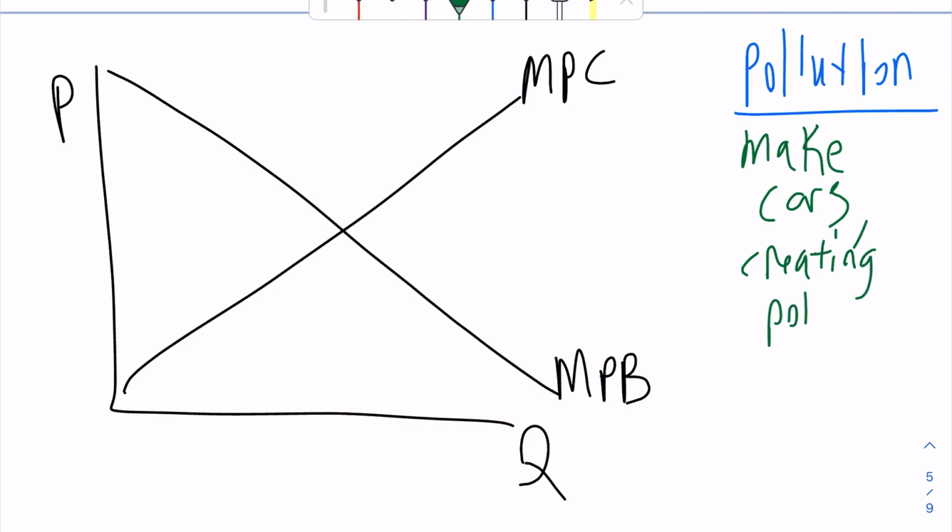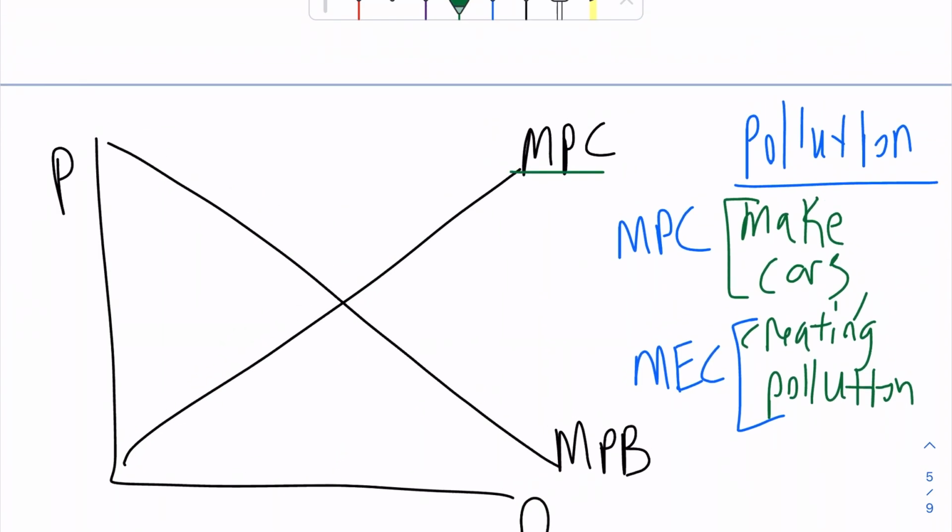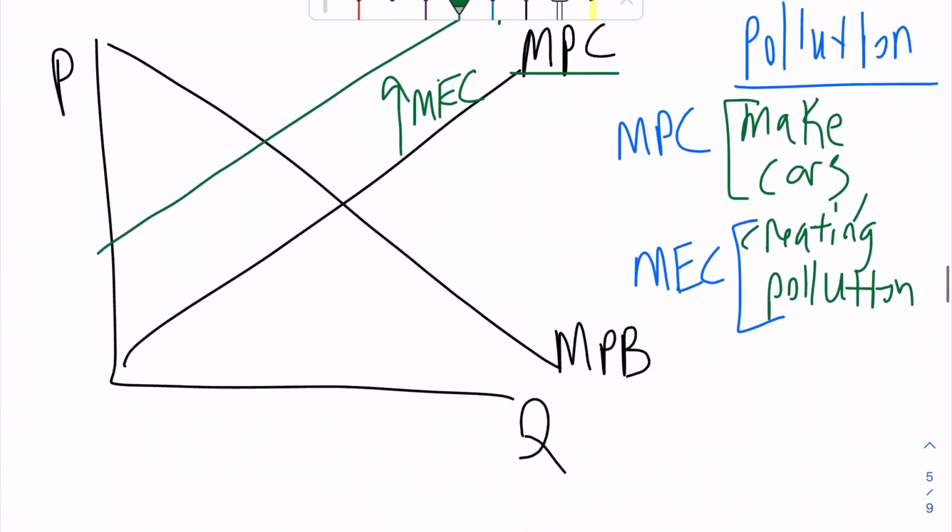To make the car, you have a cost, and then when you create pollution, that's the externality, so the marginal external cost. So what we're going to do here is the MPC plus the MEC, the external cost, and that would be your marginal social cost. Your marginal social cost is equal to your MPC plus your MEC.